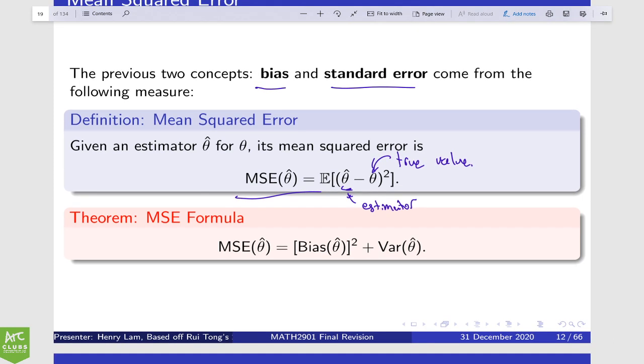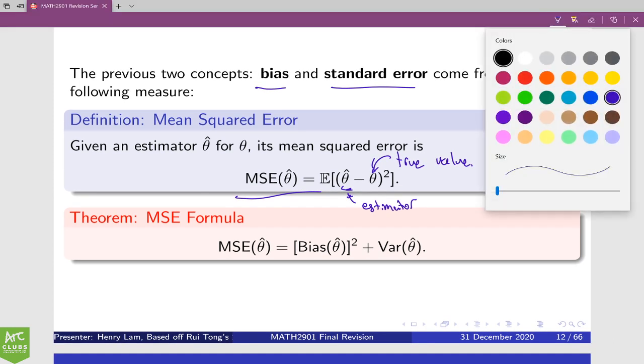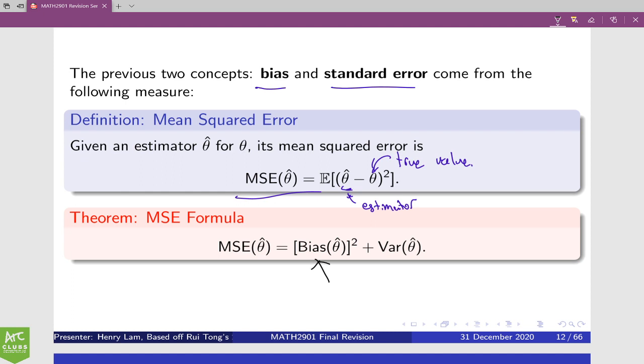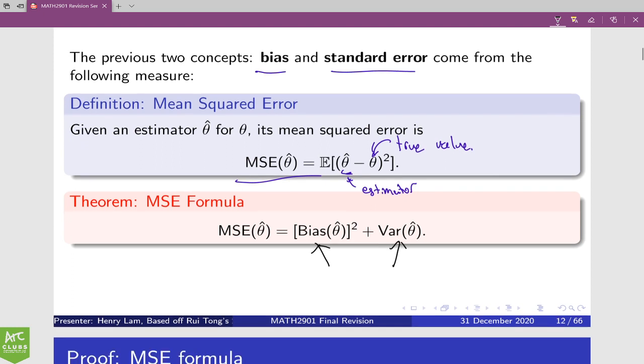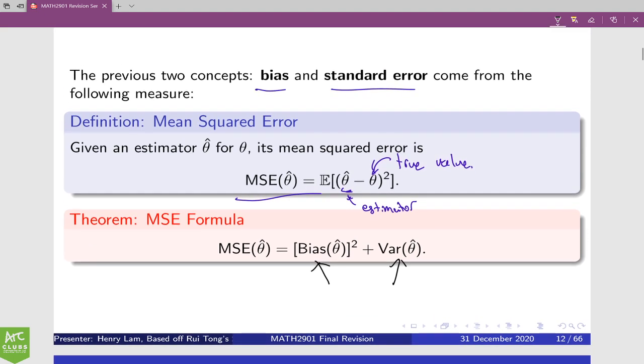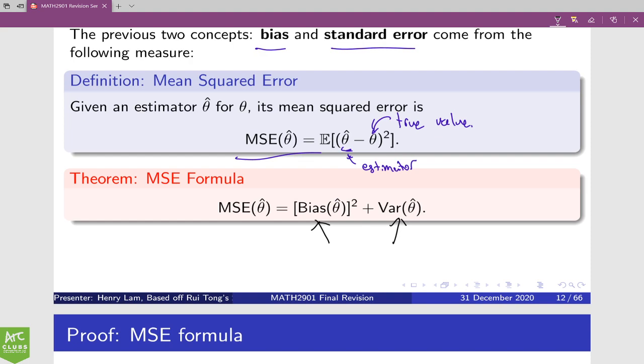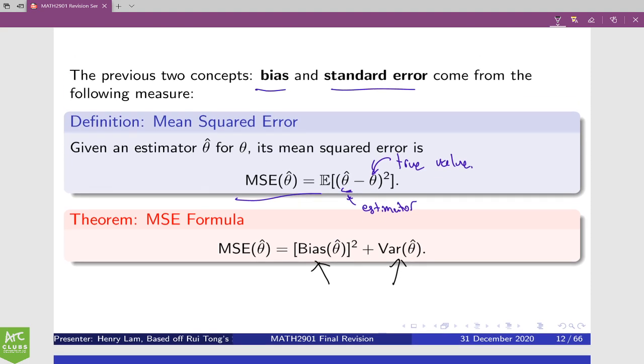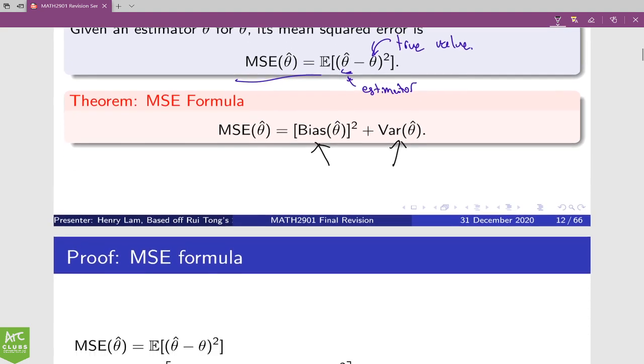And it turns out you can break it down into these two things, bias squared and variance. This is probably something you've seen a lot, but it's something you also probably need to know how to prove.